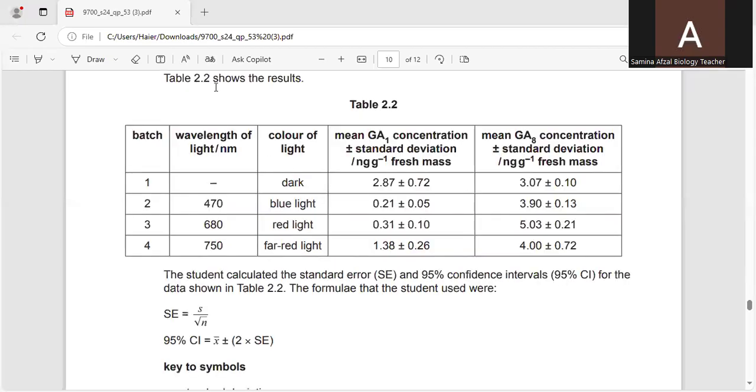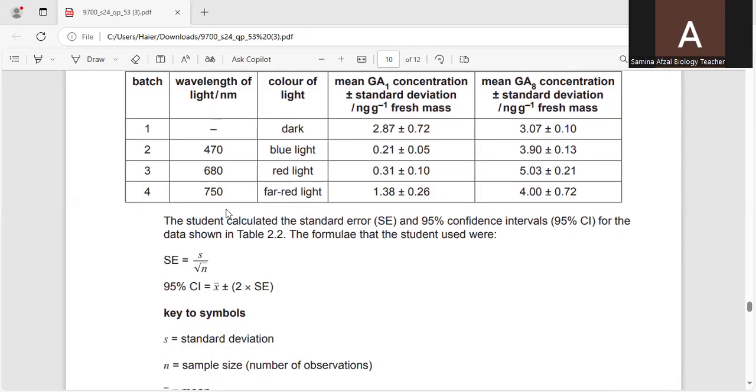So table 2.2 shows the results, and here you can see the wavelength has been given, the color of the light has been given, the mean GA1 concentration, and standard deviation. Standard deviation per fresh mass has been given in plus or minus values. On the other hand, the mean GA8 concentration and standard deviation over fresh mass has been given.